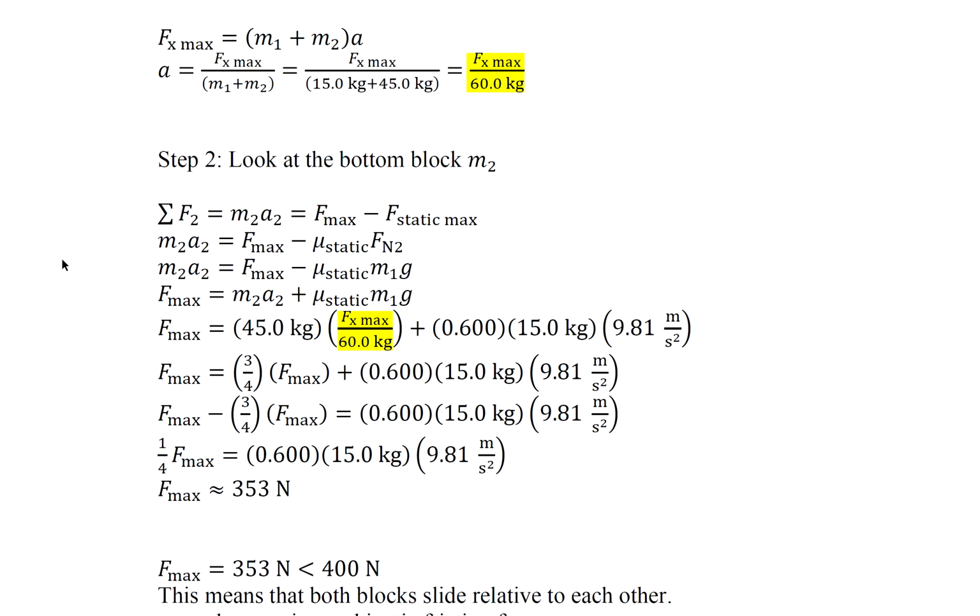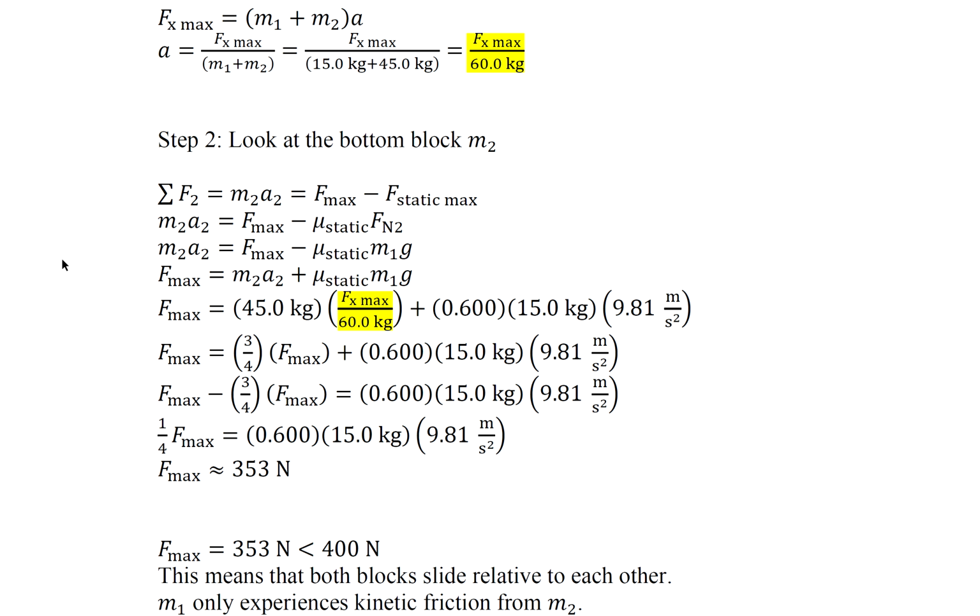Step 2, let's look at the bottom block M2. So sigma F sub 2 equals M2A2, which is equal to force pulling max minus force static max. Here, force of friction is equal to mu Fn.